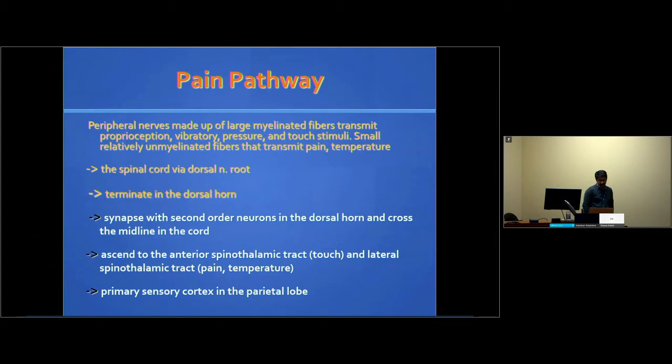In large fibers, you have the motor fibers coming from the anterior horn cells, and peripherally, sensory-wise, you have the large myelinated fibers that transmit proprioception, vibration, and pressure, as well as touch. The small and unmyelinated fibers are not well studied with EMG, and that's one of the limitations itself.